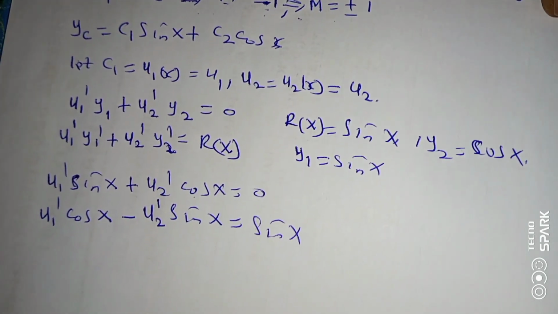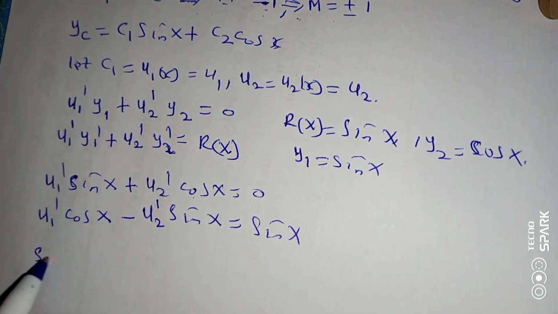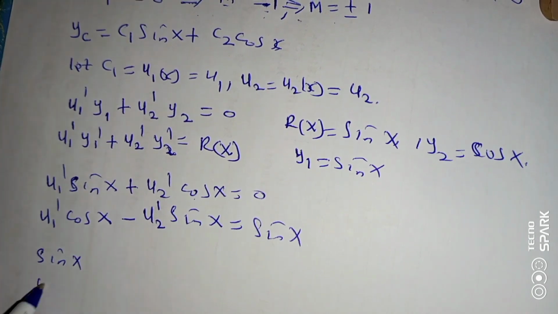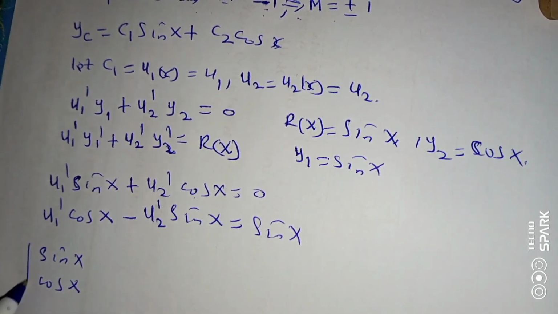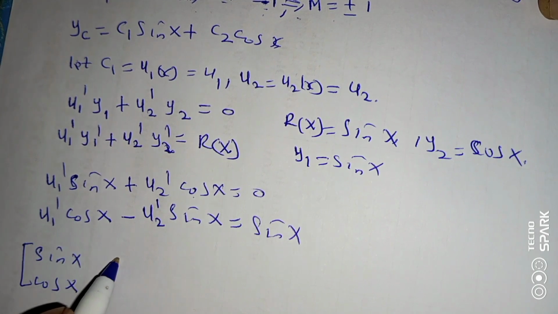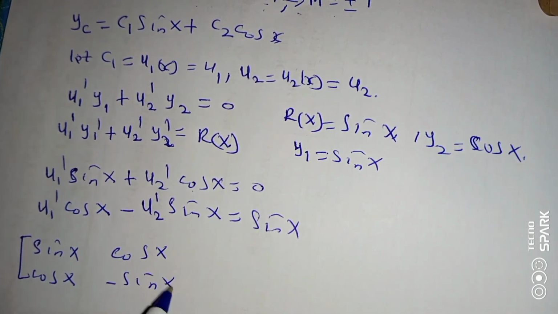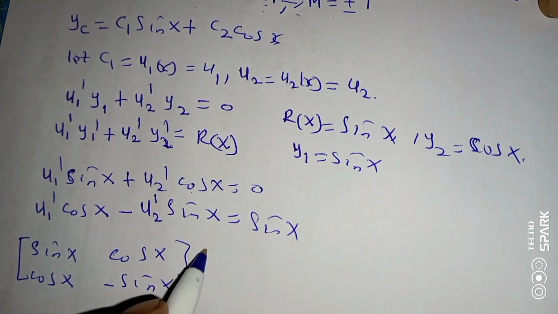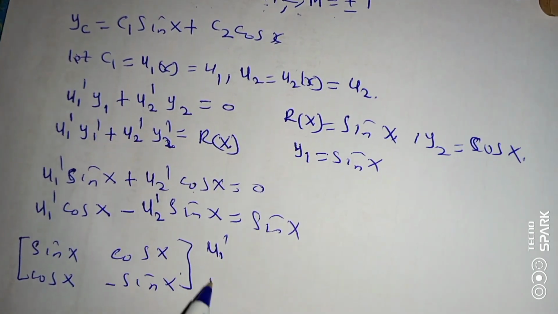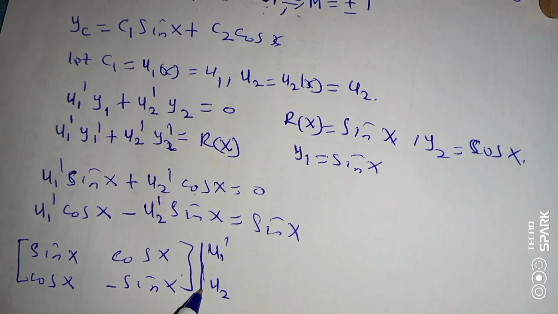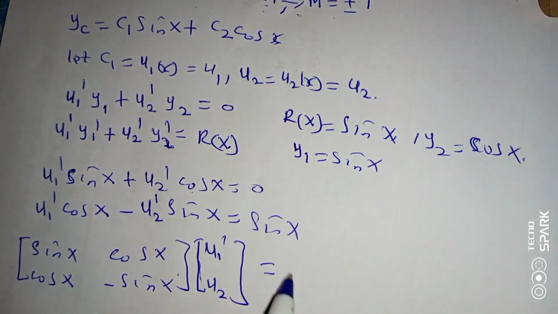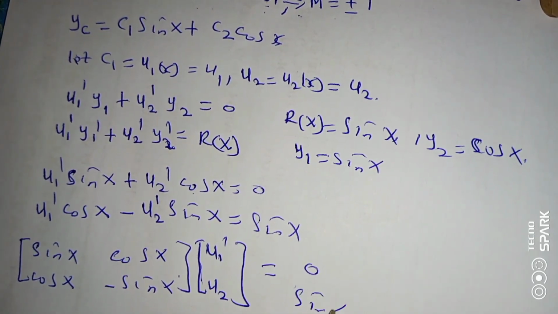Now, from linear algebra, this can be written in matrix form: sine of x, cos of x; cos of x, negative sine of x; times u1 prime, u2 prime, which is equal to 0, sine of x.